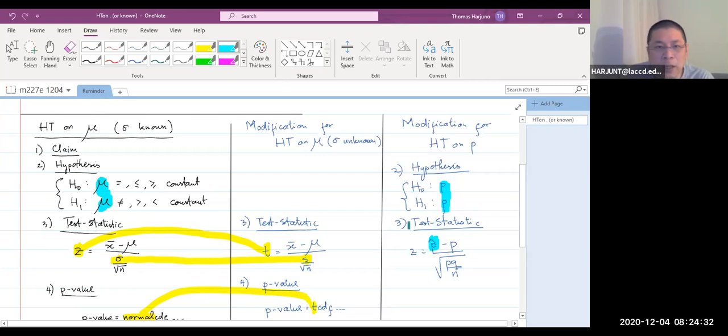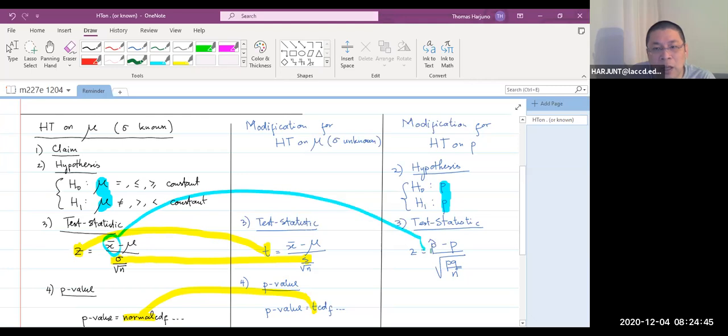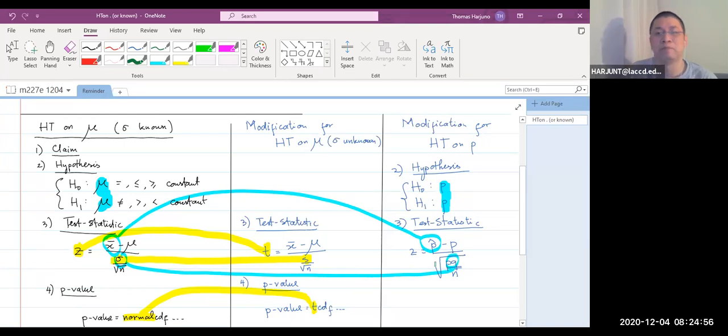You can think of that as the following modification. Maybe I use a slightly different color, this one here. The X bar was replaced by P hat, and the sigma is replaced by the square root of PQ.